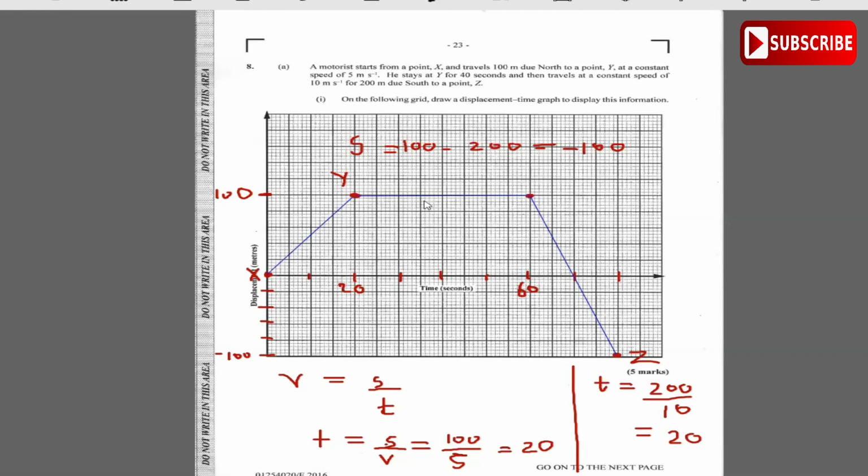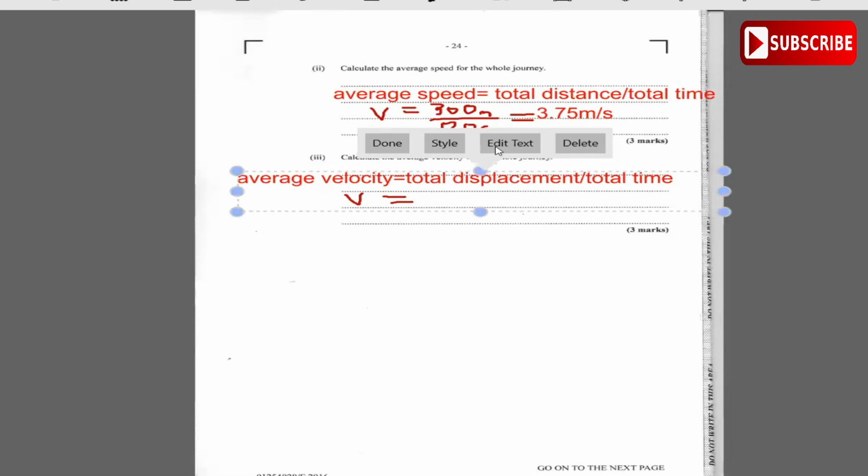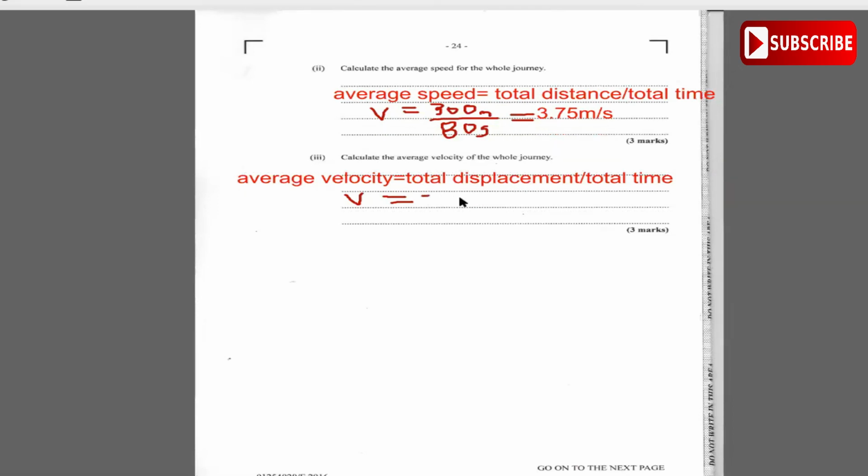So the average velocity is minus 100 over 80 seconds, which is minus 1.25 meters per second. All right, nice and easy.